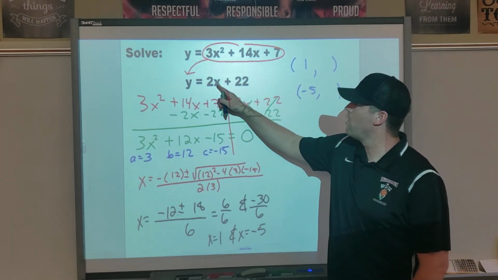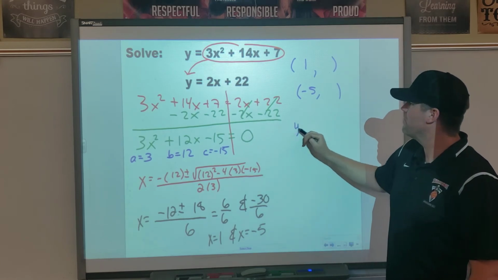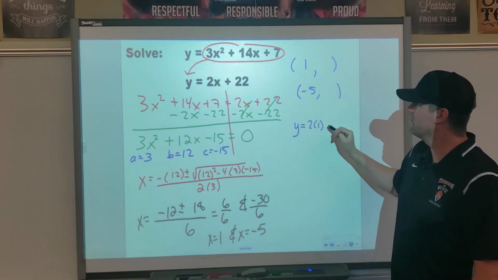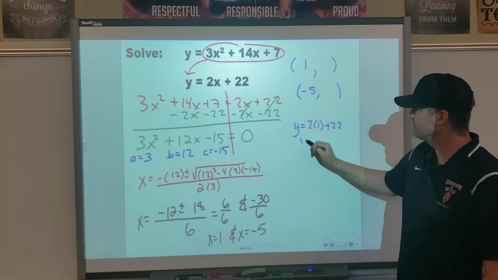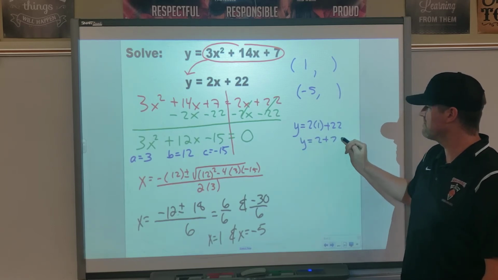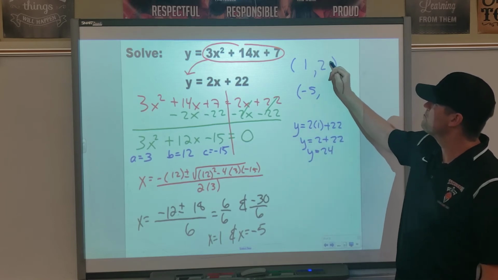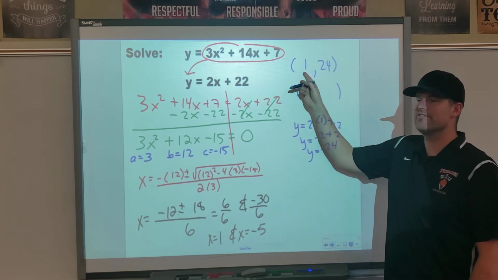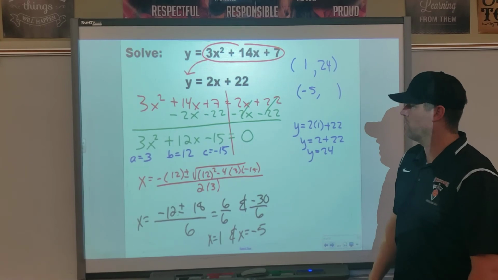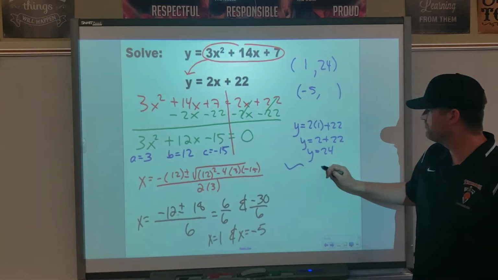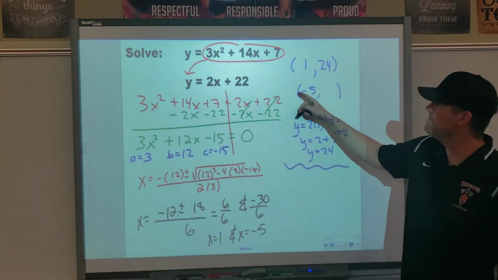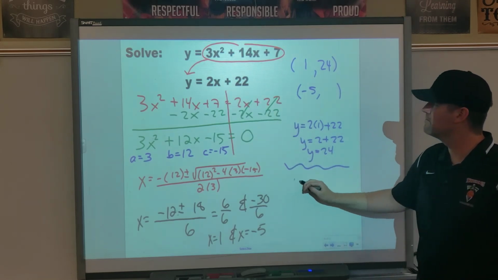So if I plug in 1 right here, that's y equals 2 times 1 plus 22, which is 2 plus 22, which is 24. So one of our solutions is an x of 1 and a y of 24. Our second one, I'm going to take negative 5, plug it in for x.